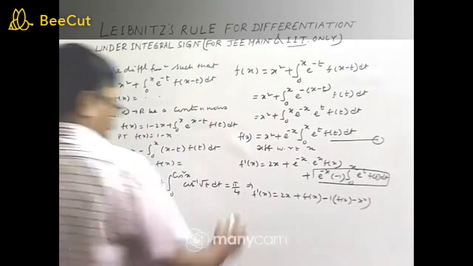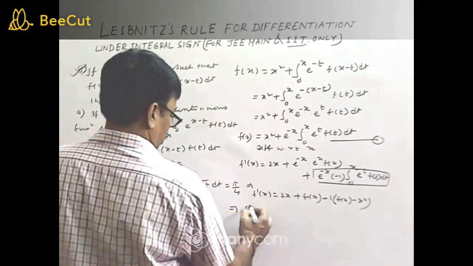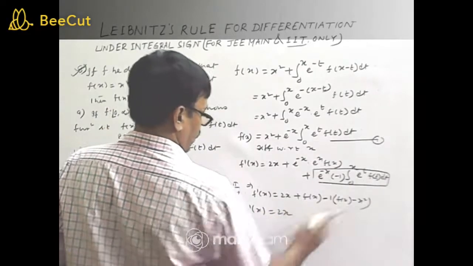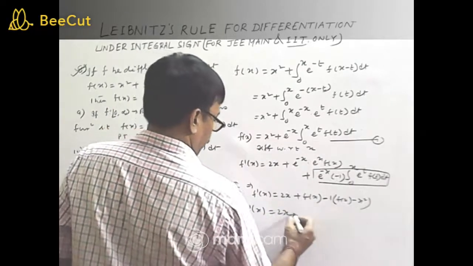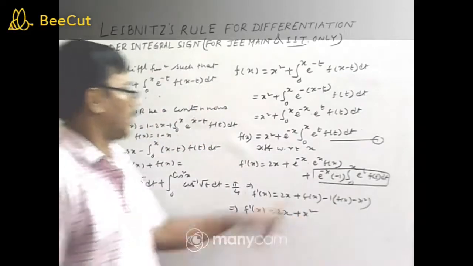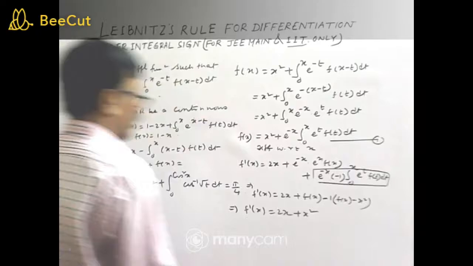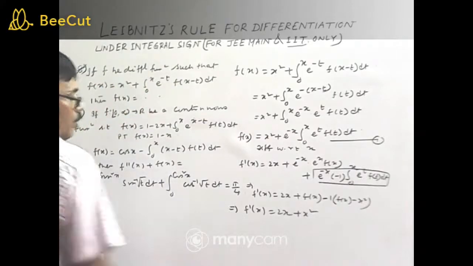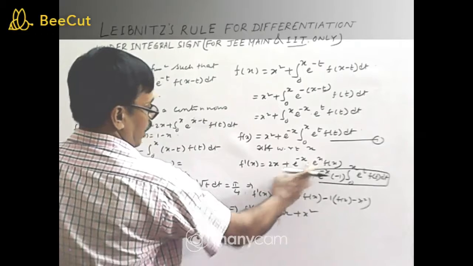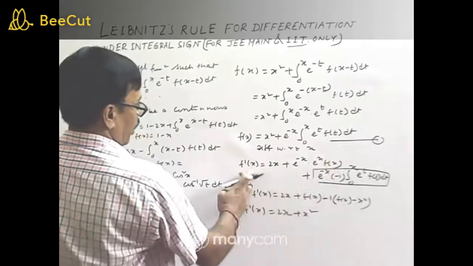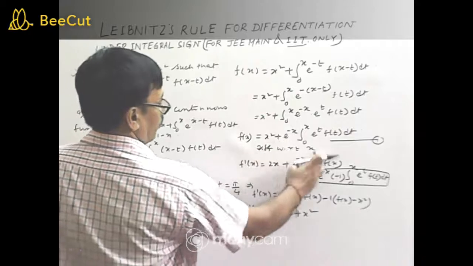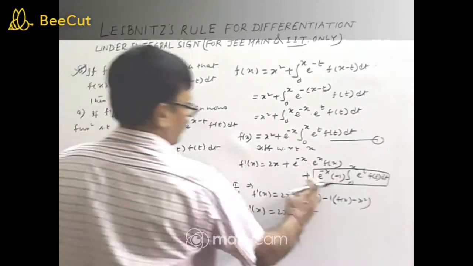So f'(x) equals 2x. Now f(x) cancels, so plus x square. So look, e to the power x cancels. So f'(x) is 2x plus this one, and e to the power x minus 1.